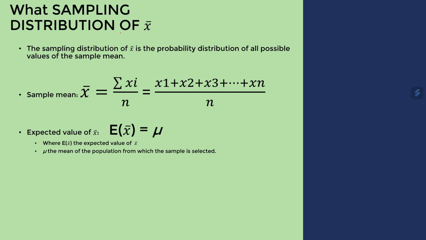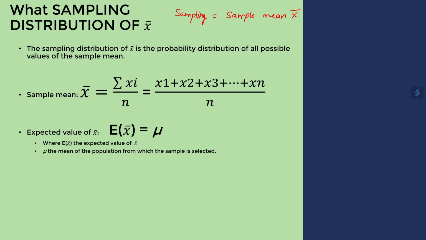So sampling distribution means: the sampling distribution of x bar is the probability distribution of all possible values of the sample mean. Here, as we are only and only studying sampling, we are only considering the sample mean, which is our x bar.